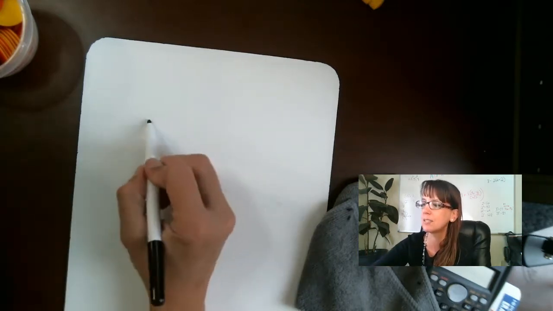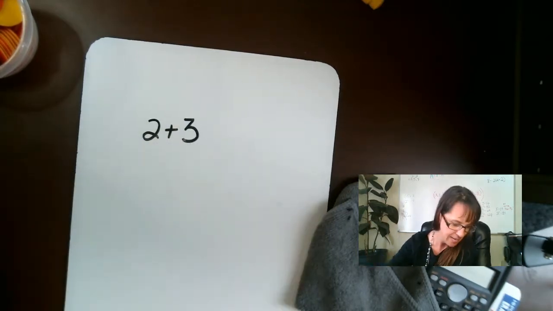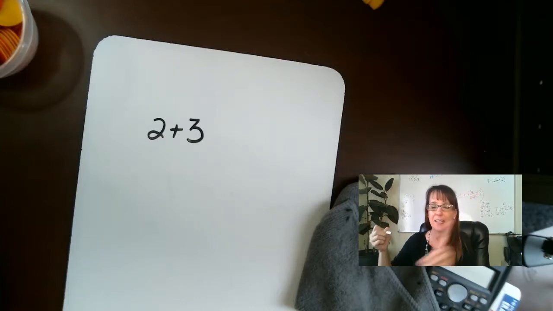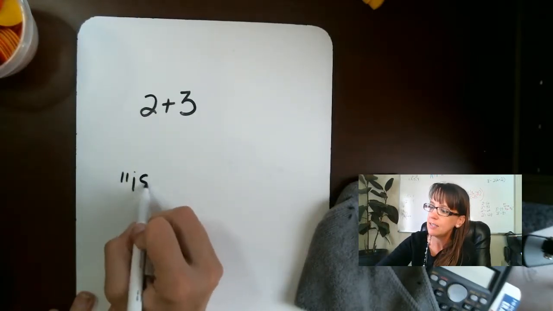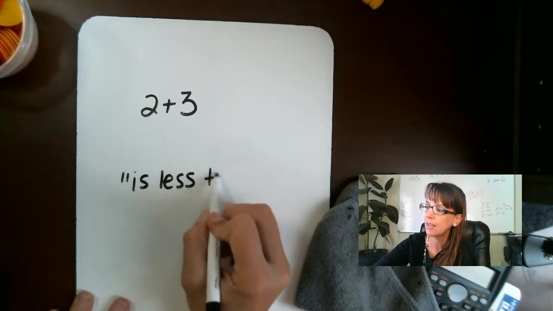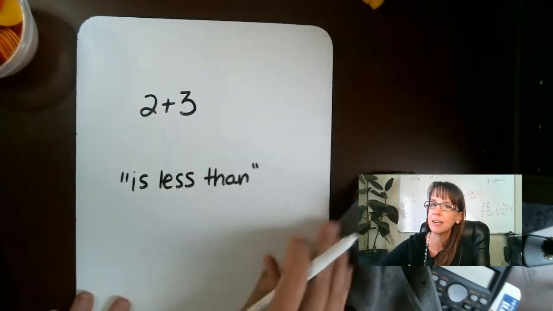The sum of 2 and 3. Remember, the sum means adding. So the sum of 2 and 3 is less than, and I want you to write this down, is less than, not just less than, it has to have an "is" in there.